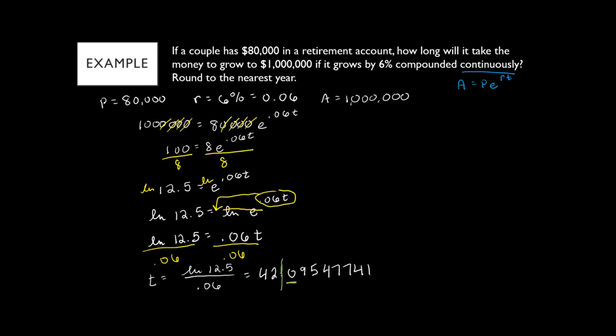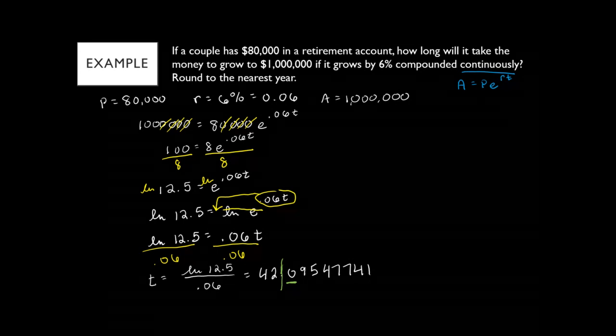If that number is below 5, then you just keep what's to the left of the line. If the digit after the line is 5 or higher, you have to round up. So because this is 0, we don't need to round up. So we just keep everything to the left of the line, which is going to be 42. So it's going to be 42 years.